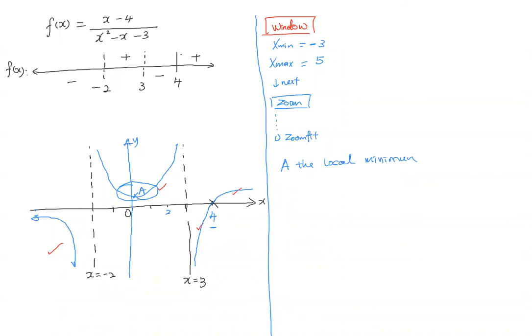Within this location, it is the lowest, but others have some value which is lower than that. So that's why we use the word local. Be very careful. A is a local minimum.